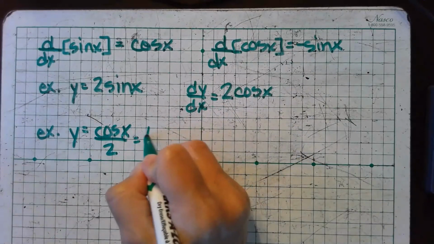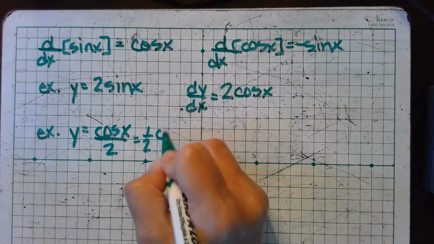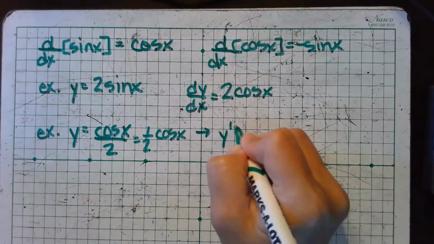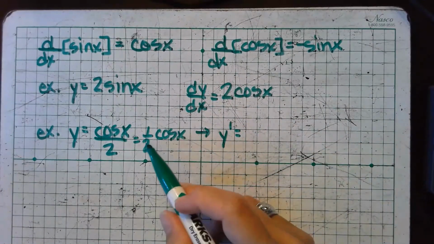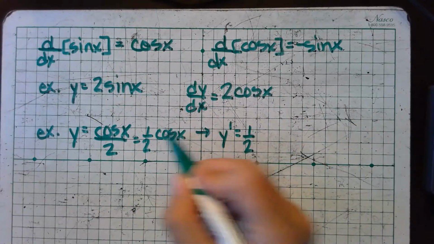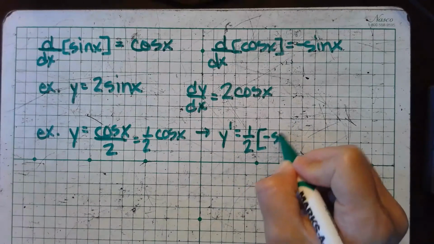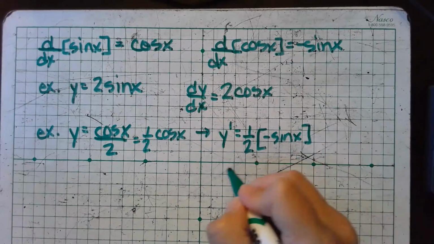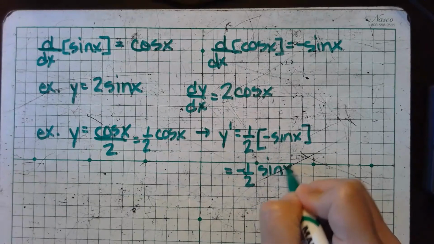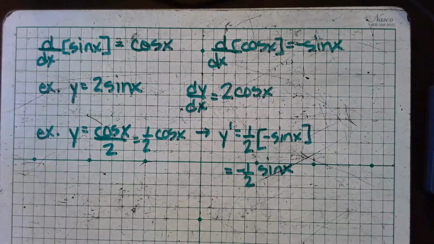Now you're welcome to switch this so it's 1/2 cosine x. All right, but y prime equals, we're going to keep the constant. We just multiply it by the derivative of cosine x. That's going to be negative sine x. So this really makes negative 1/2 sine x. Or you can say negative sine x over 2.